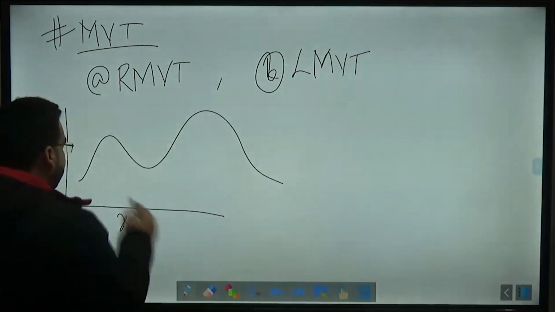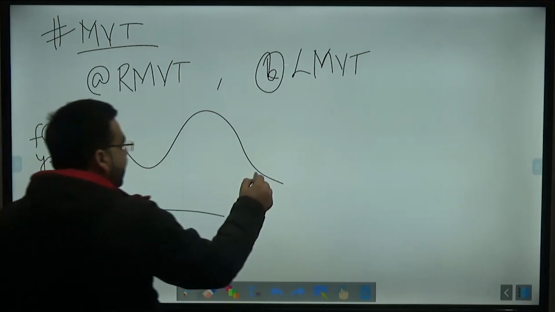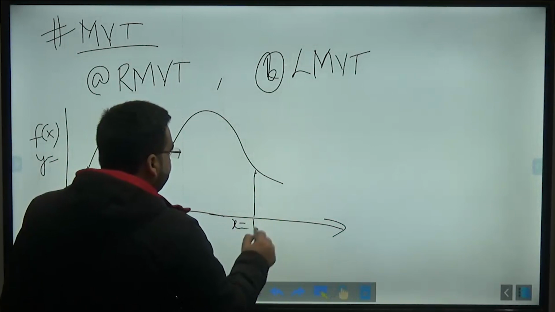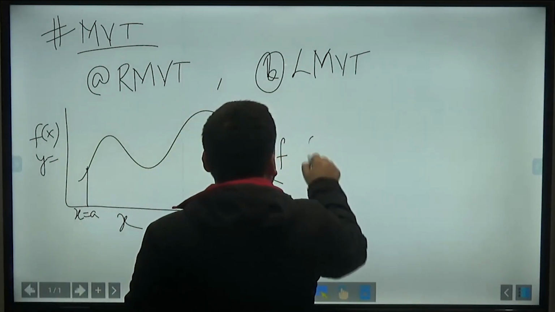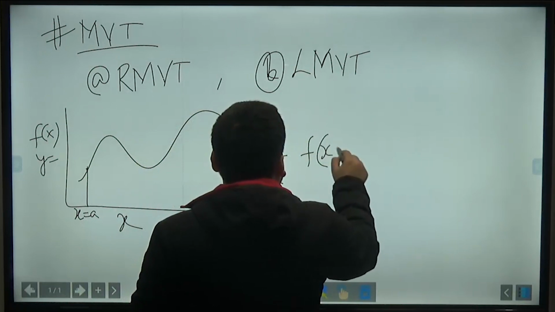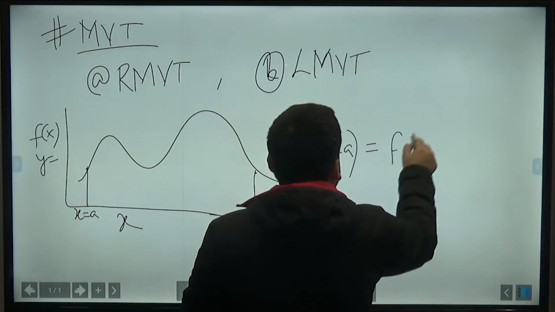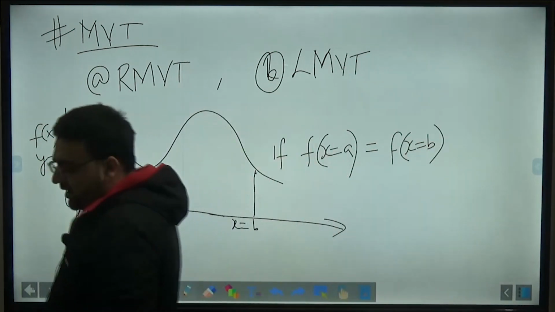So if you have a graph somewhat like this, and at a certain point, that is x is equal to a, and at a certain point x is equal to b, you have the same values, f of a is equal to f of b.